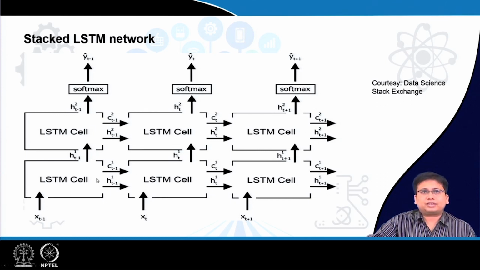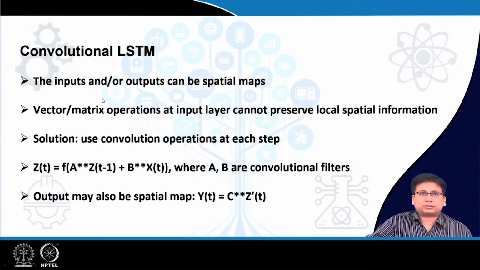You can see that there are these horizontal operations, that is, in one layer the LSTMs function normally: on receiving the input they update the cell state and the hidden state and then pass on to the next layer. That hidden state ht is again passed on to the next layer of LSTM cells where a similar operation takes place. And the outputs come out at the end of these multiple layers.